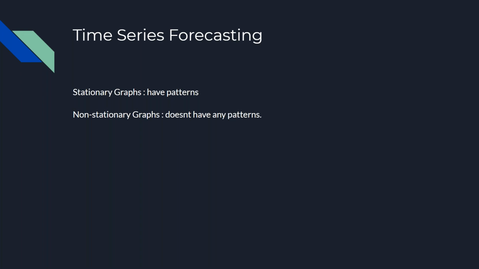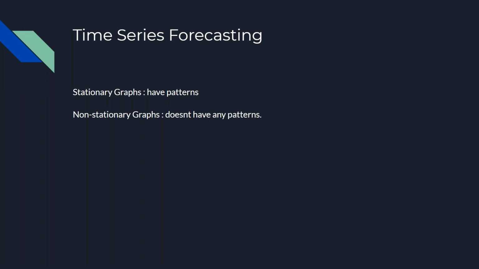We won't be able to predict something if we don't have any pattern in the graph, right? But after having a look at the stock prices versus the date graph, we can easily infer that it's non-stationary. There is no pattern. Then how can we use this graph to predict the values?